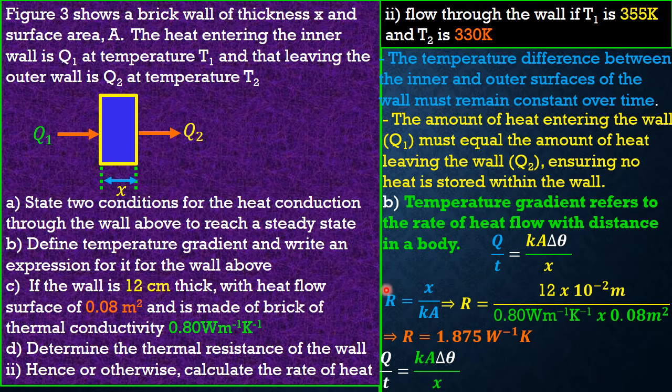It is simply the reciprocal of our resistance. So we can write Q over t as the change in temperature, which is simply the difference between this and that, which is 25, divided by the thermal resistance. In this case, we are going to have an answer of 13.33 watt. Great, that's the answer.